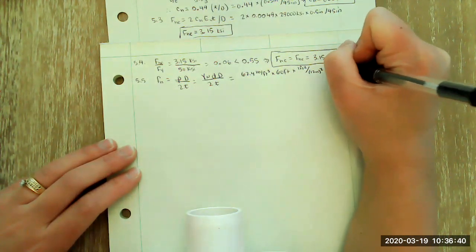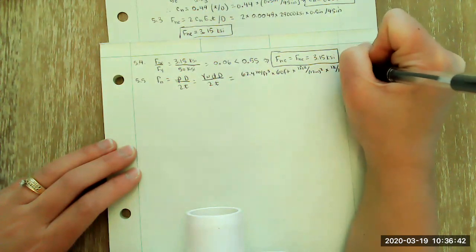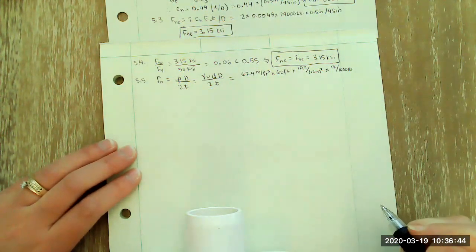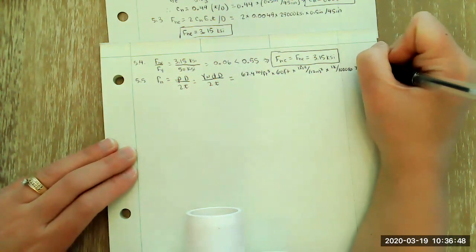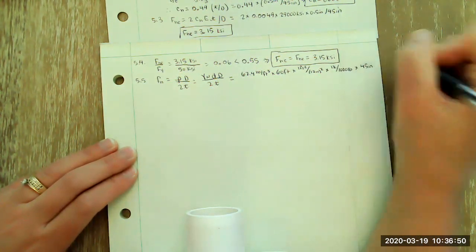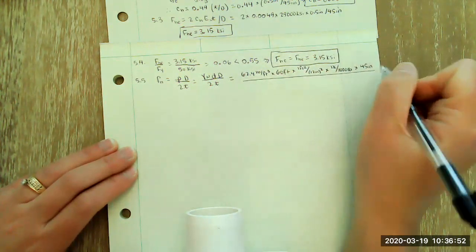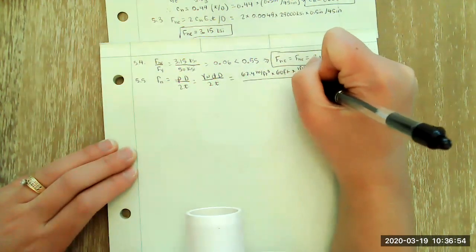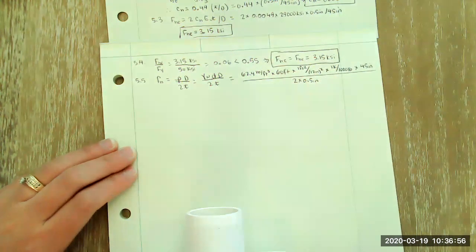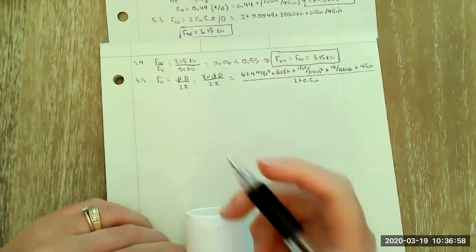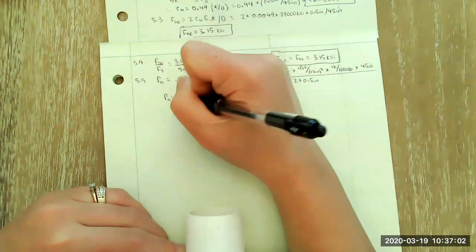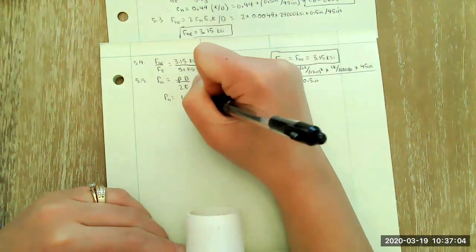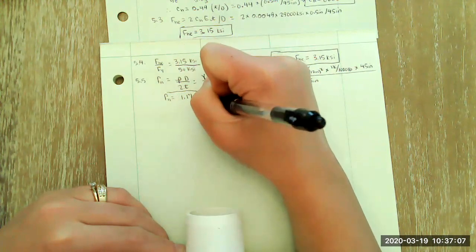Times we have 1 kip is 1,000 pounds. That gives us kips per square inch. That's the units we like. Times our diameter is 45 inches divided by 2 times our thickness of 0.5 inches. Plugging all these numbers in, we get that F sub h lowercase is equal to 1.17 KSI.